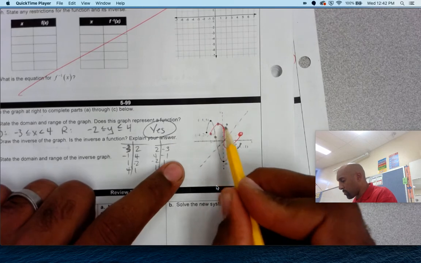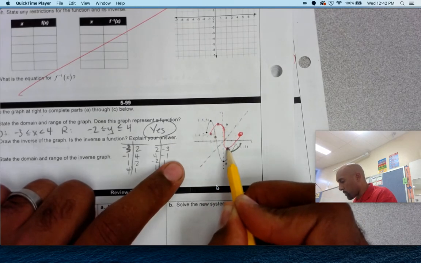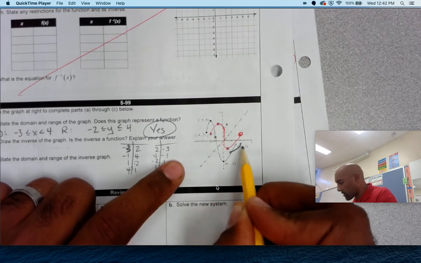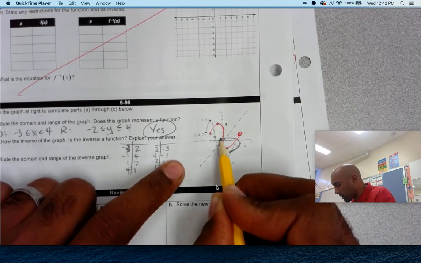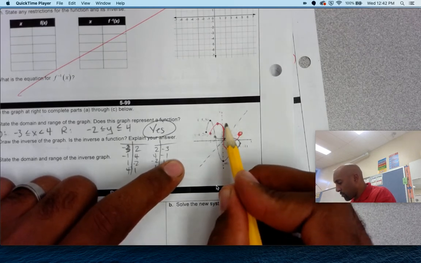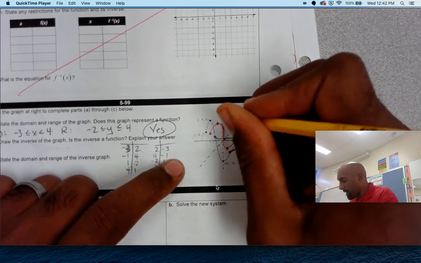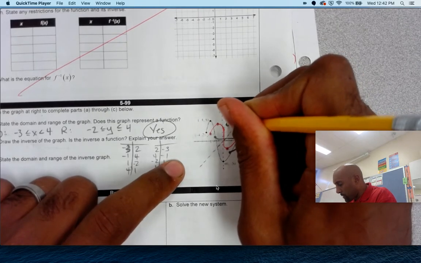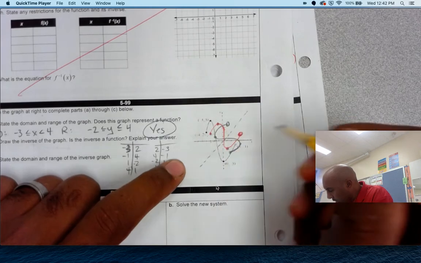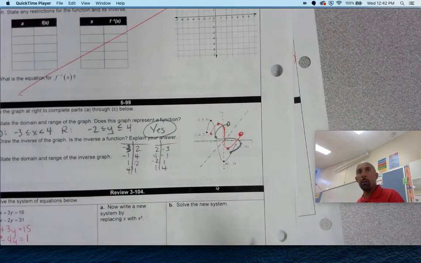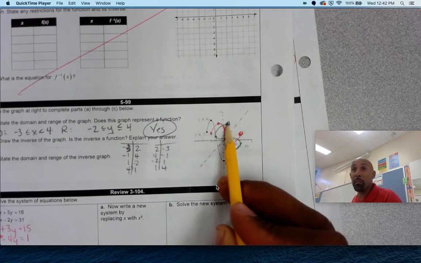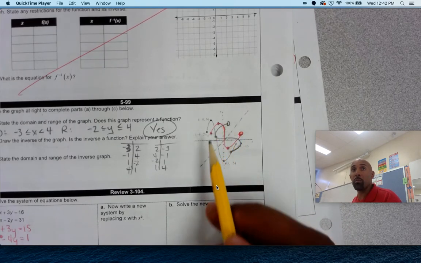Then it goes from this point over to this point. Remember, this point is that point on the other side of the reflection line. So these two points are connected. And then this point is also the same as that point, which means I need to make that an open circle, and then these two are connected. So you just got to look at where the original point was, and then reflect it over here, and then see how each point is connected.